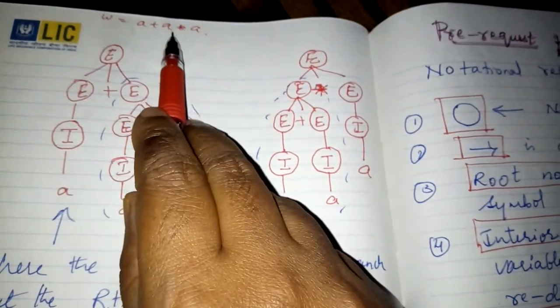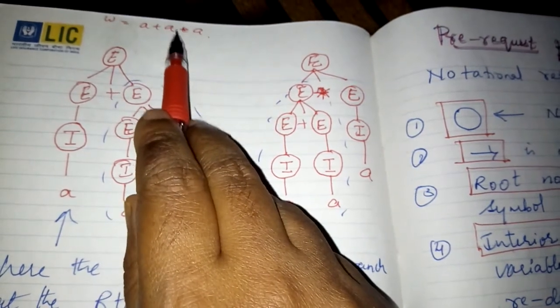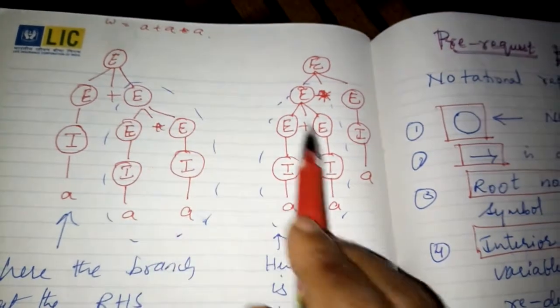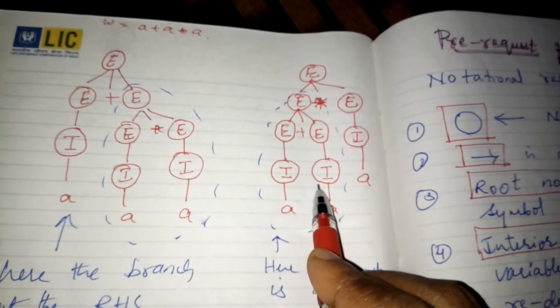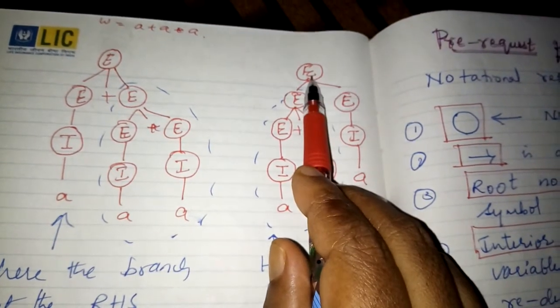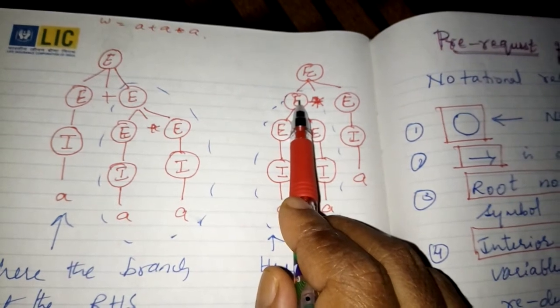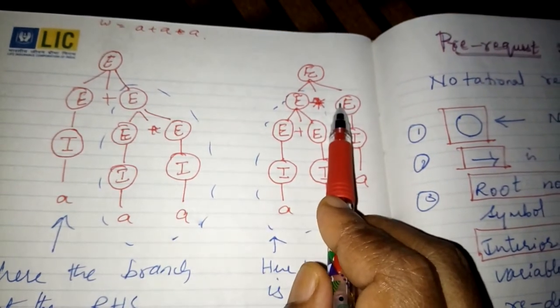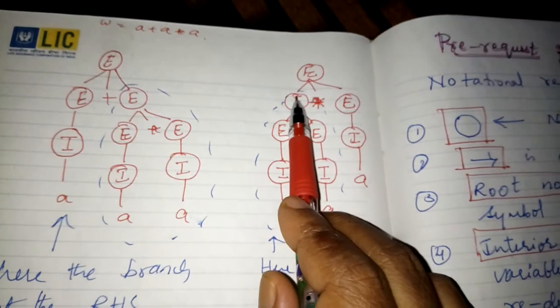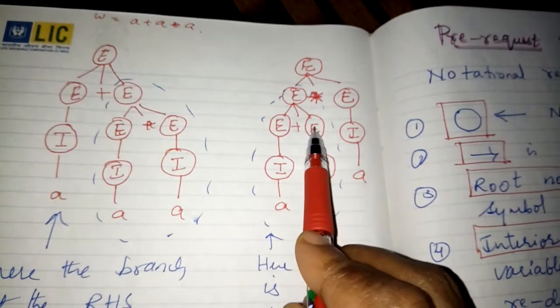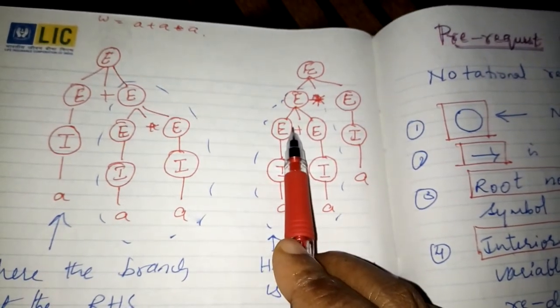Now we look into the same yield if you go with the leftmost derivation. You have an expression. Rederive this with the help of the grammar E * E. Since it is leftmost, I'll rederive this. Get the branch here because plus needs to come first.